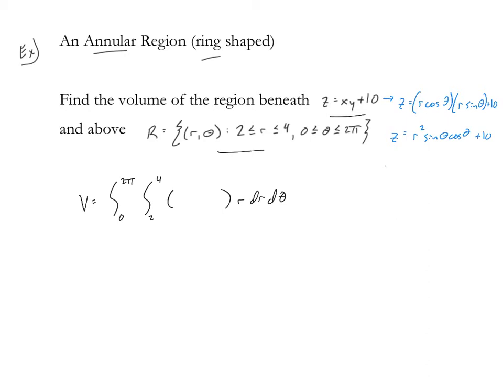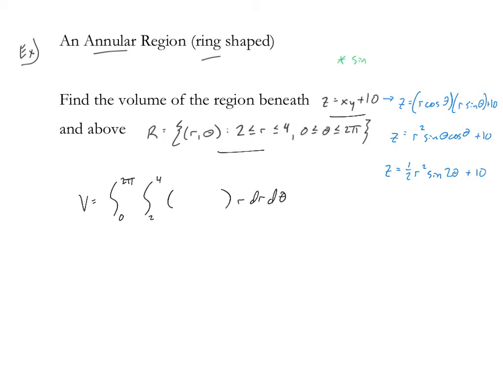But we can also use the double angle identity, which will allow us to push the sine and cosine theta together. And we end up with 1/2 r squared sine of 2 theta plus 10. Off to the side here, I'll just write the identity that I used.